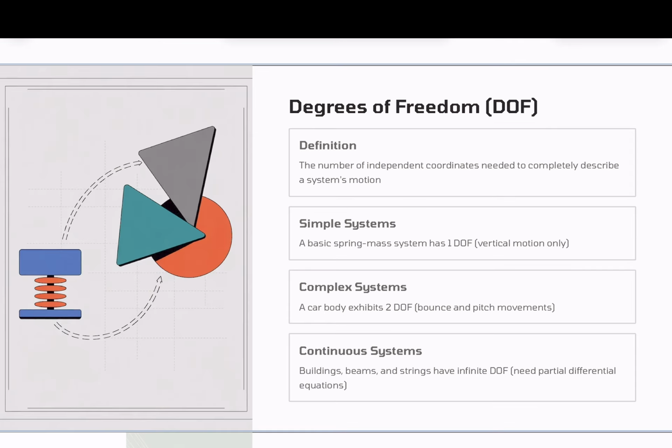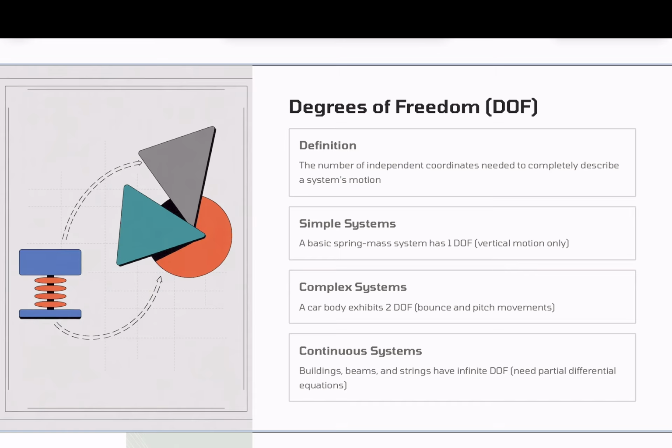Okay, to analyze vibration, we need to know how many independent ways a system can move, okay? That's called degree of freedom, DOF for short, okay? The degree of freedom means the number of independent coordinates required to describe the system motion completely, okay?